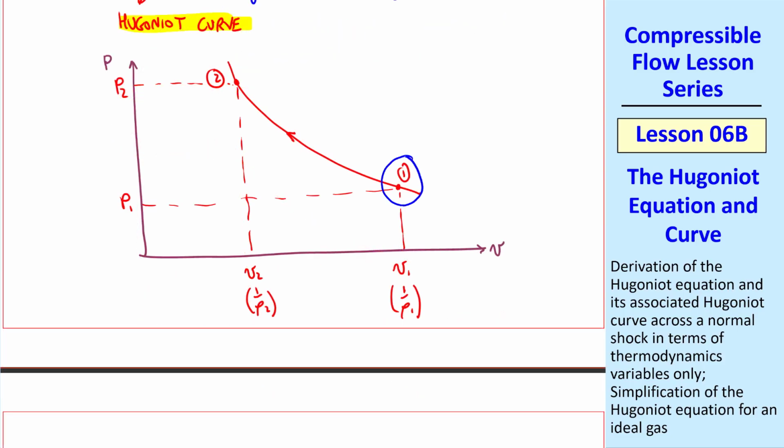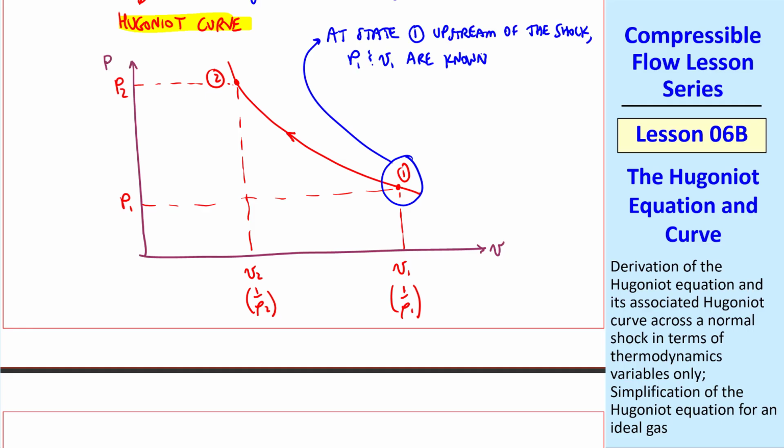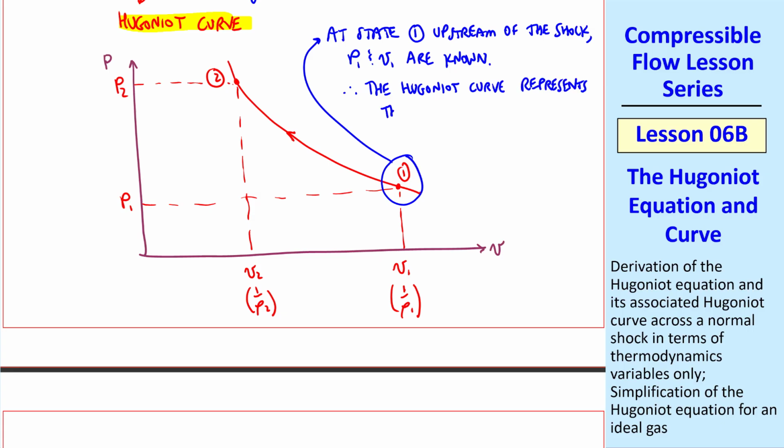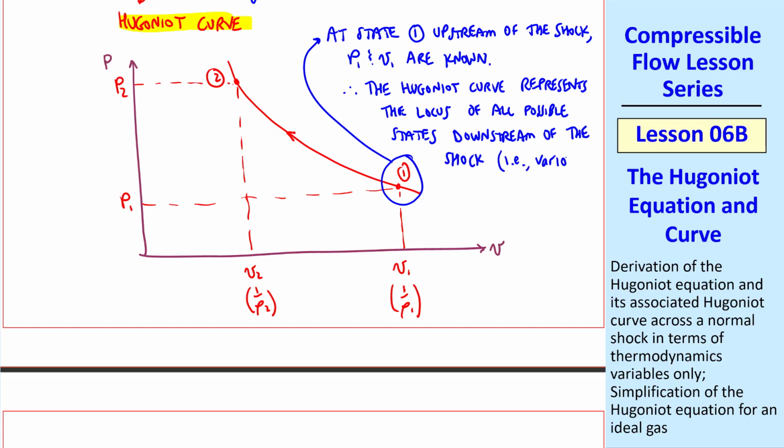So if we start at some known state or given state 1 upstream of the shock, P1 and V1 are known, therefore the Hugoniot curve represents the locus of all possible states downstream of the shock, which we can interpret as various shock strengths. This is our interpretation or definition of the Hugoniot curve.